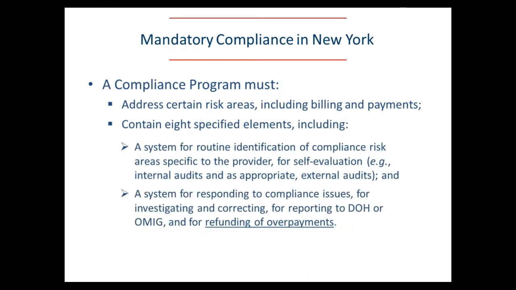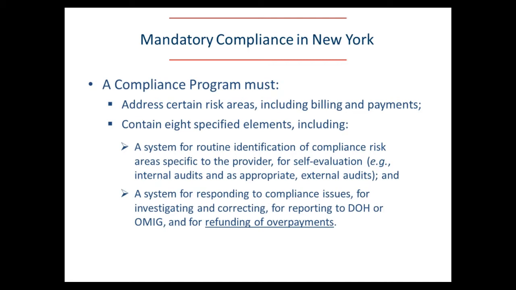The compliance program must do a number of things, including address certain risk areas, obviously including billing and payments. It must also contain 8 specified elements, 2 of which include a system for routine identification of compliance risk areas specific to the provider, so it can't be a cookie-cutter program, and those things for self-evaluation, including internal audits, and as appropriate, external audits.